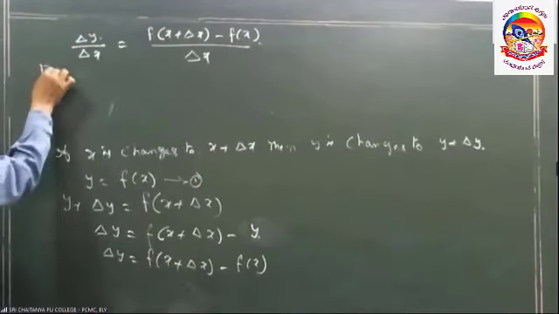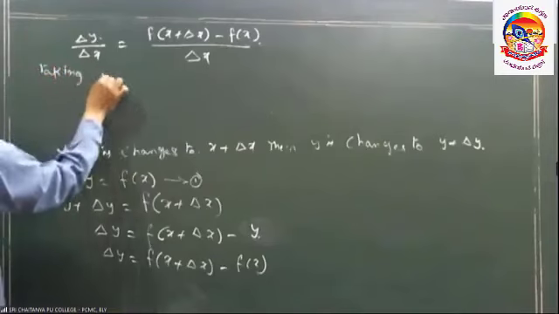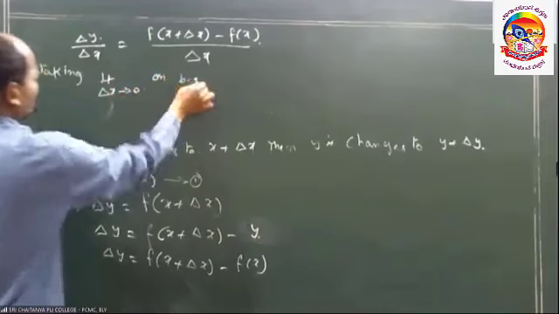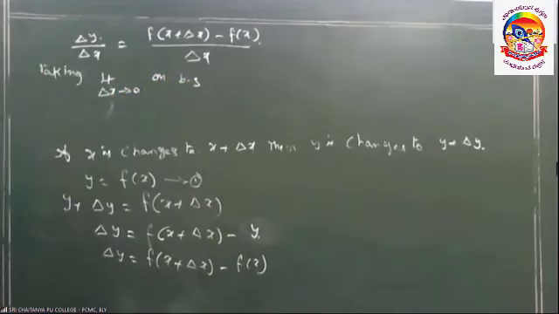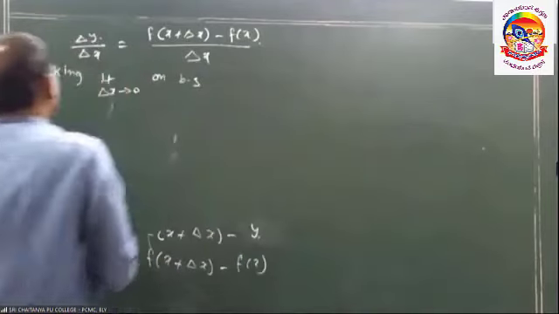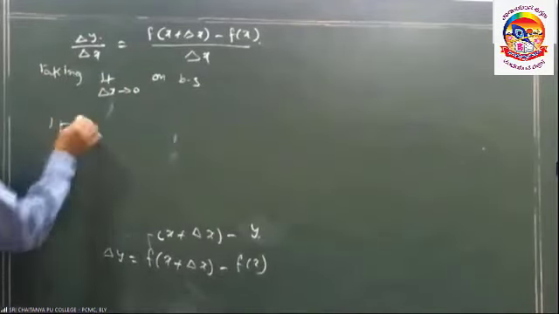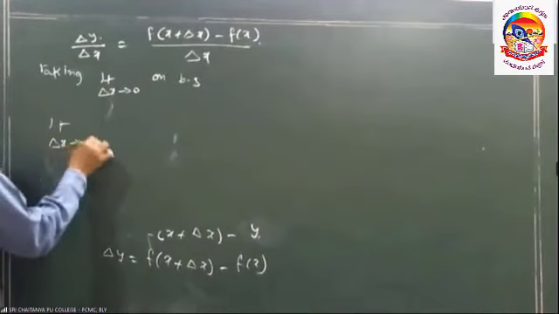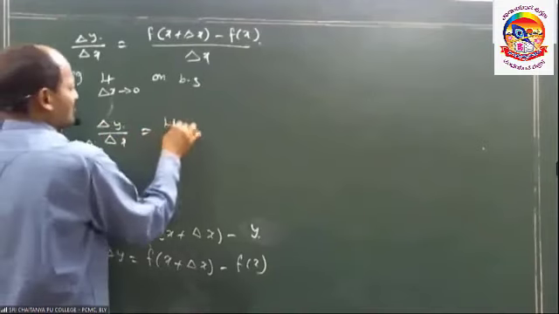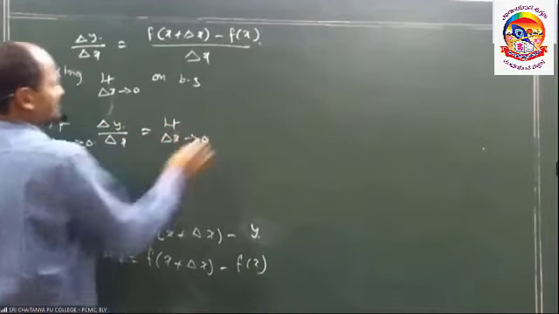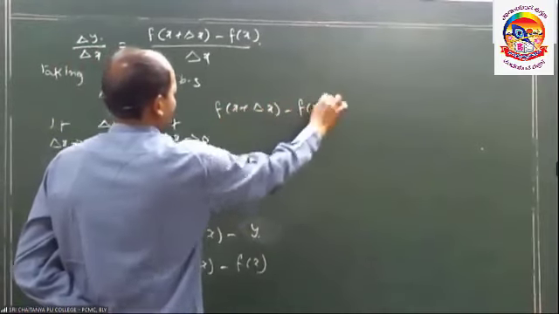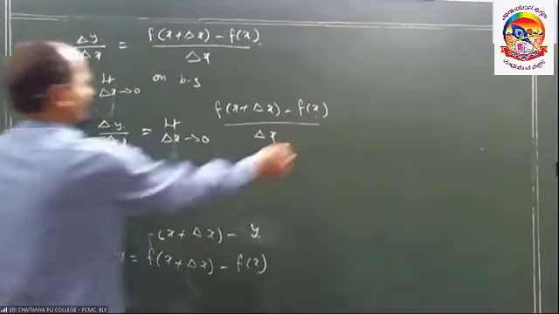Then taking the limit as delta x tends to 0 on both sides, we get limit delta x tends to 0 of delta y by delta x is equal to limit delta x tends to 0 of f of x plus delta x minus f of x, divided by delta x.